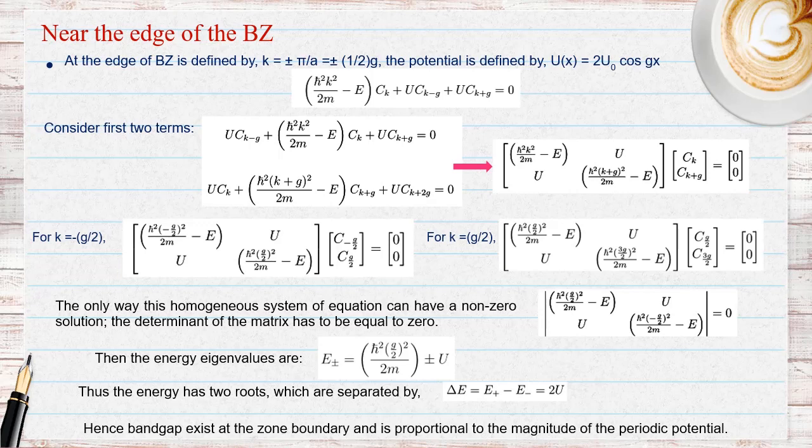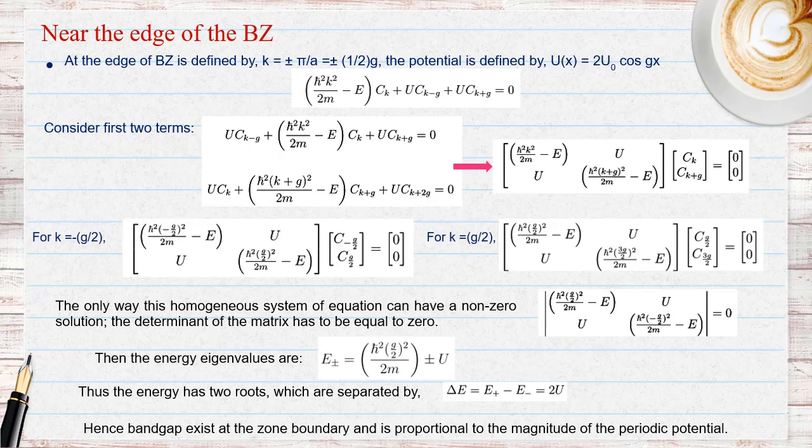Thus the energy has two roots, E plus and E minus, and the separation between these two energy levels we can represent as delta E, that is E plus minus E minus, equal to 2 times U. Hence from this we can conclude that we are able to predict the existence of a band gap.